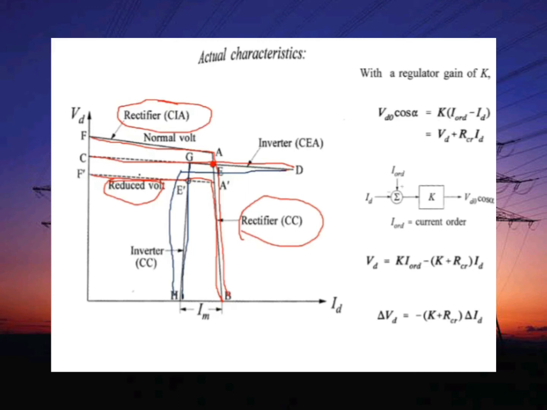So the difference between the rectifier current order and the inverter current order is called the current margin, which is denoted by IM. So IM is equal to I order rectifier minus I order inverter.